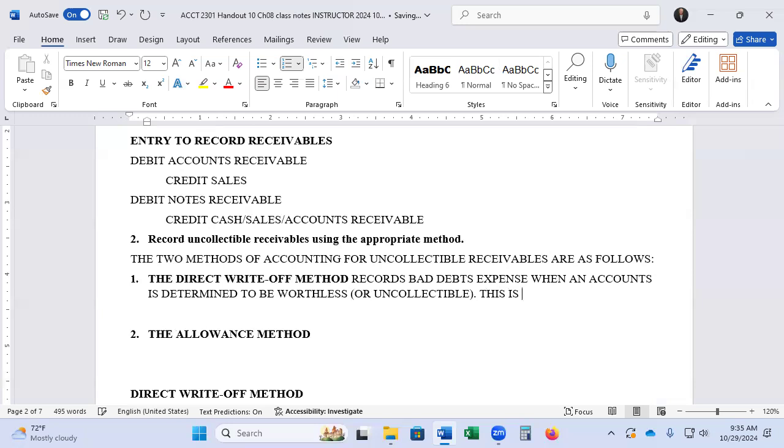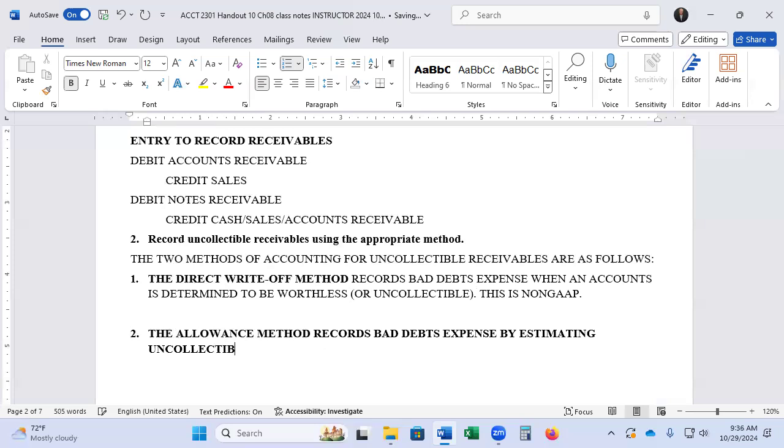Make a little note, this is non-GAAP. And then the allowance method records bad debts expense by estimating uncollectible accounts at the end of the period.